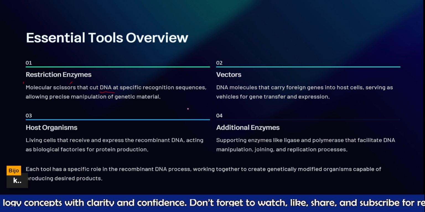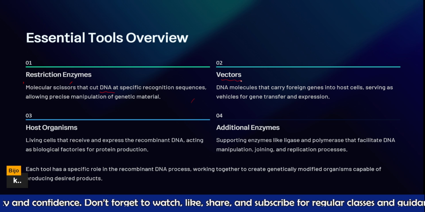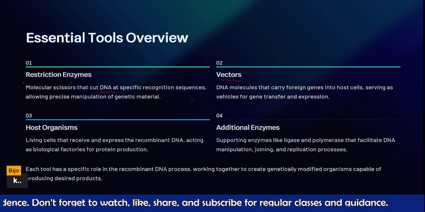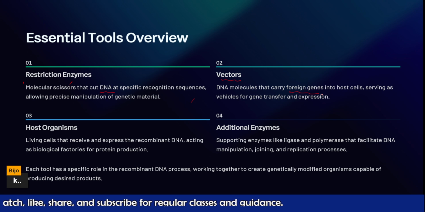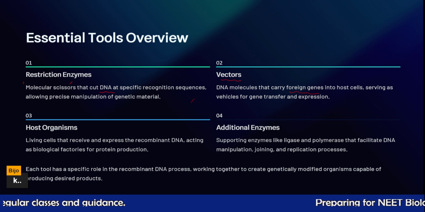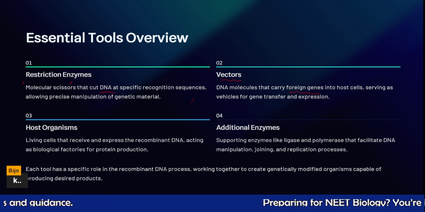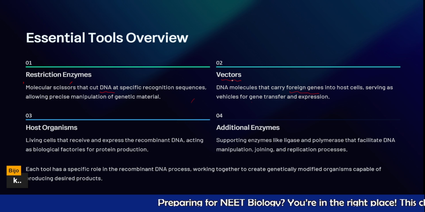That is one tool. Another tool is the vector. What is the vector? They are the carriers of the gene of interest or the foreign gene into the host body. We can call these the vehicle. In biotechnology, the vehicles or the carriers of the gene are the vectors.